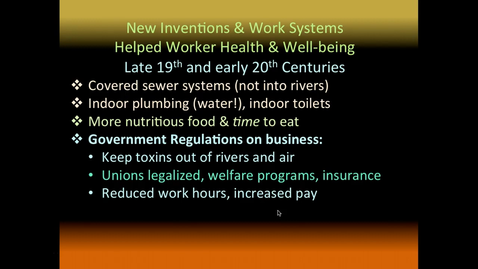There were also reduced work hours from 16-hour days to maybe 12 or 10-hour days. Now it's 8-hour days or 40 hours a week. And there are ways to get around that by giving people salaries. But in general, if someone is an hourly worker, they're only allowed to work 40 hours a week, or they have to get more pay.